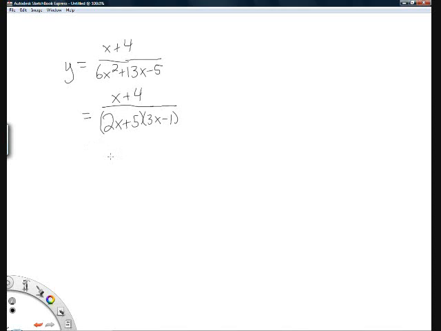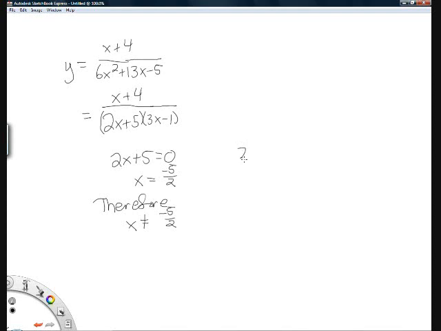So therefore, 2x plus 5, set that equal 0 and solve. X, if it's negative 5 halves, will result in 0 in the denominator. So therefore, x cannot be negative 5 halves.